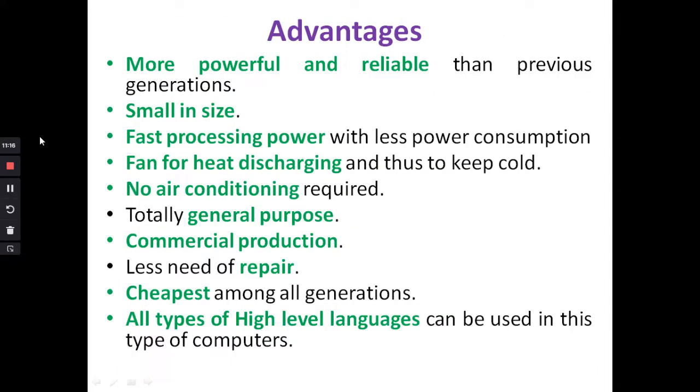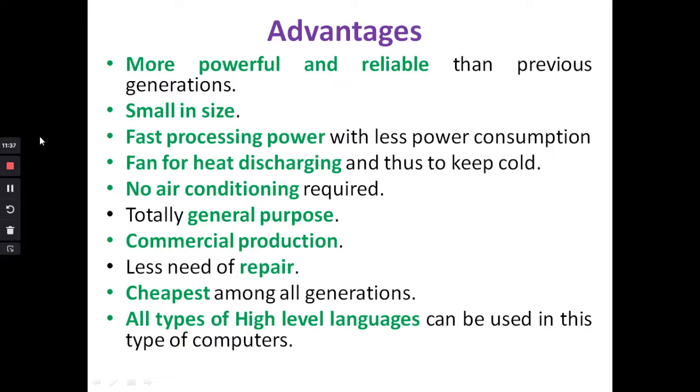From here we are designing what we use nowadays, the processors like i5, i7, dual core, Core 2 Duo. All these are processors, all microprocessors, right?